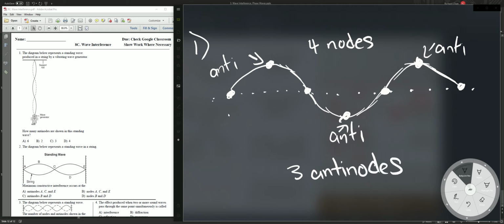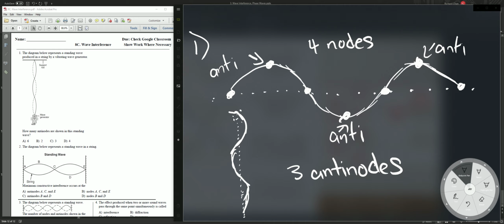If we take a look at this picture right here, instead of being horizontal, it's vertical. That's the equilibrium line. Let's erase this part. Okay, perfect.